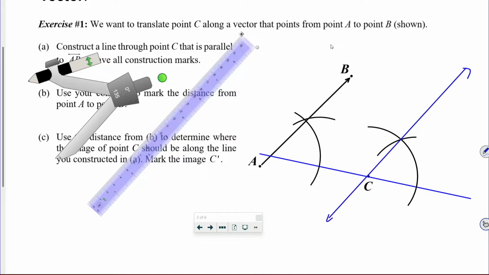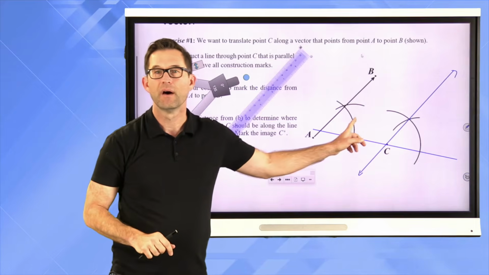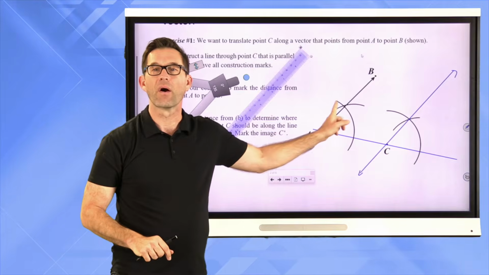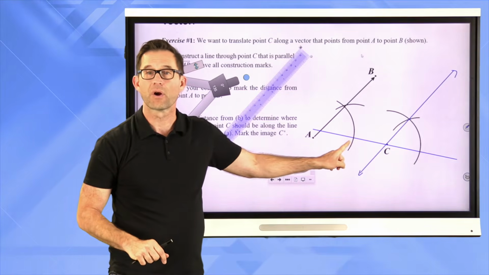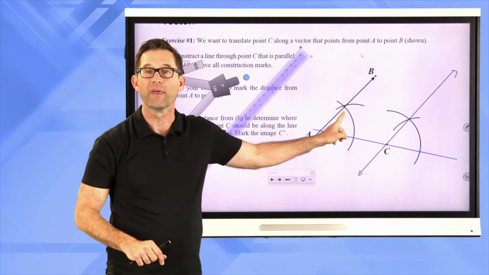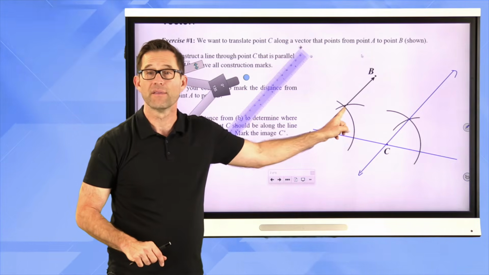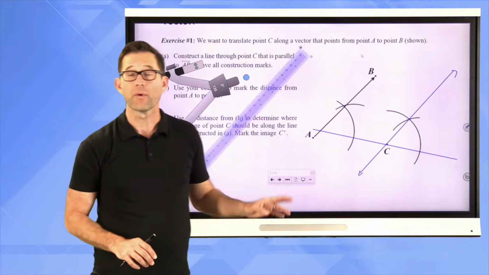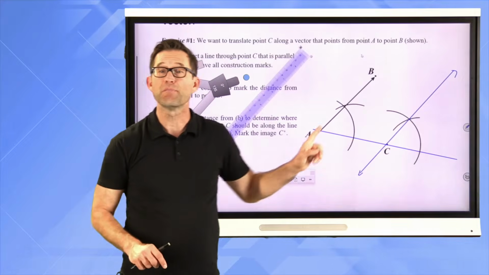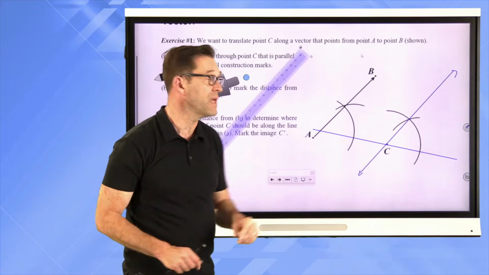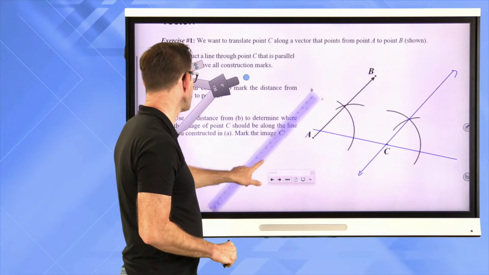Again, just a little bit of a problem with the electronic compass up here. I really want that arc to have a starting point here and an ending point where the original arc hit that ray. Now, in theory, the line that I constructed is parallel to vector AB. So let's see what we do next.